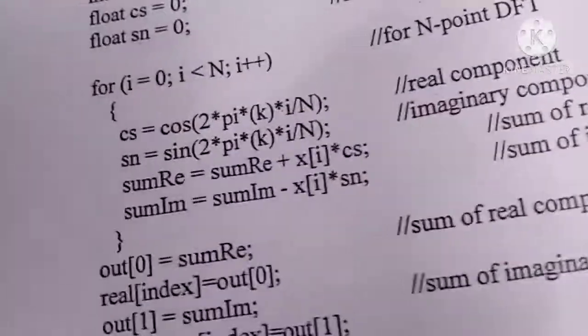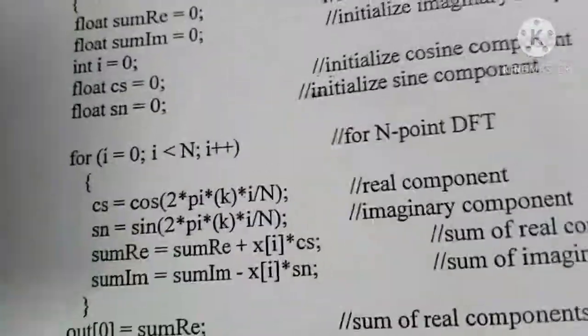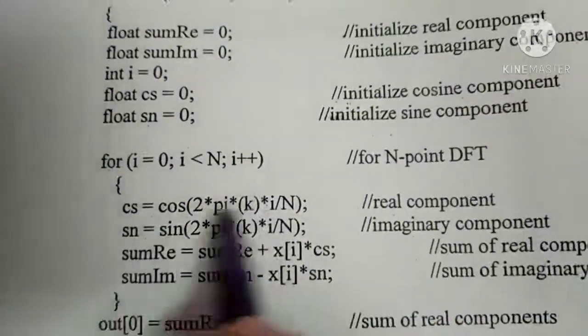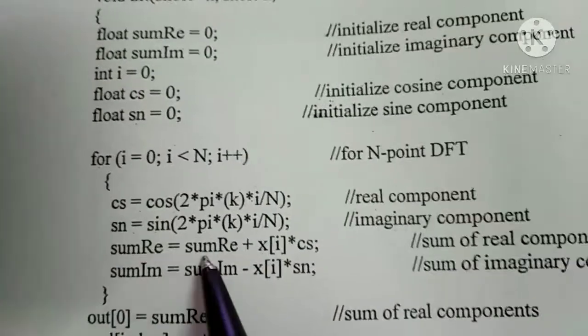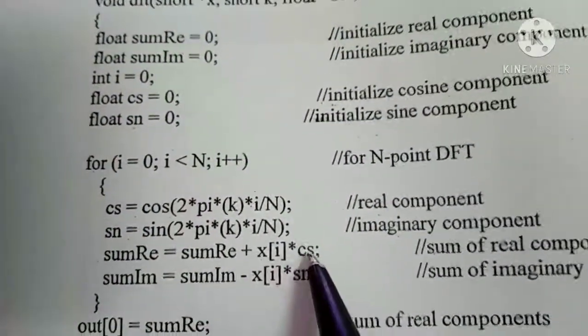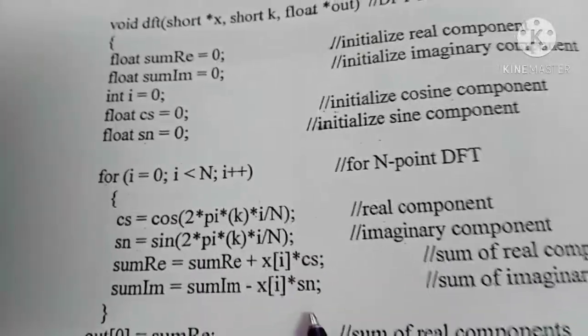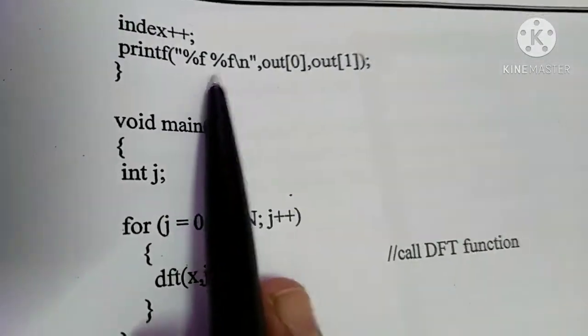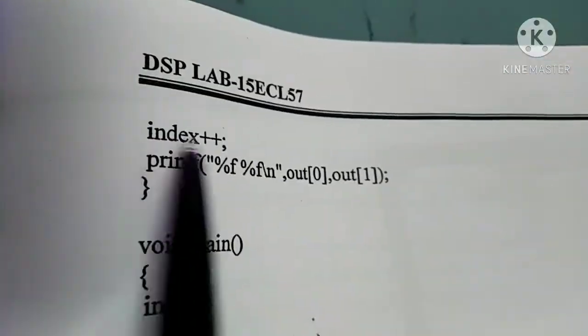Here they have taken i in the place of small n, and capital N in the place of N, 2 pi k small n divided by capital N. Cos they have calculated, sin they have calculated, sum of RE is equal to sum of RE plus x of i into the cos. So this is multiplied; this will give us a real term and this will give us an imaginary term, and these two values we are keeping in an array and displaying. So we are displaying the real part and imaginary part.